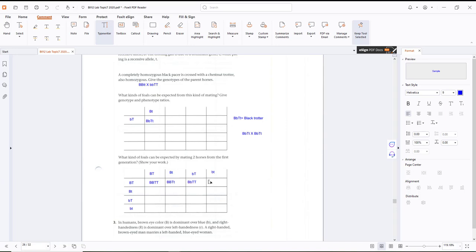All the different combinations. Mess that one up. Myself confused.